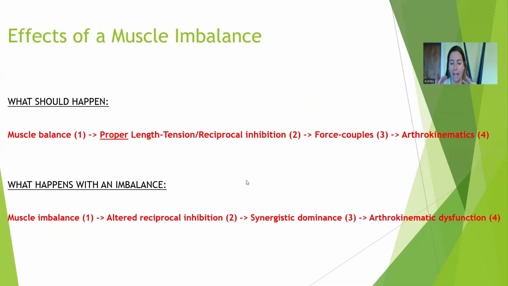Then the helper muscles are going to be able to couple up together to produce force the right way. And this is called a force couple. Great. So if all of the muscles are working as they should, then step 4, we see the right motion of the body. Okay, so it's like if the calves are the right length, then it's not going to lengthen the front of the shin, right?